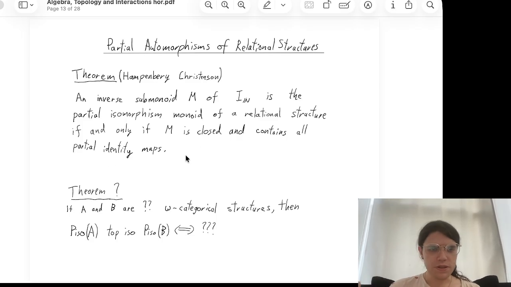You can have a closed submonoid of IN which doesn't have the partial identity maps in it. But obviously, if you're the partial isomorphism monoid of a structure, you have to contain the partial identities, because a partial identity function is clearly a partial isomorphism. So this is an obvious condition you need, and it turns out this is the only extra one you need.